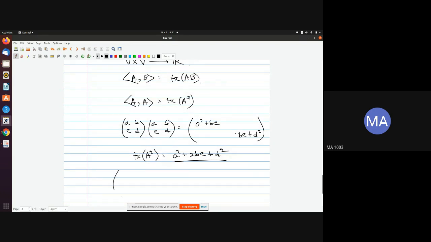So if I take this matrix, considering these two as 0, 0, and B as -1, and this as +1, let's say. This is my A. What is my A square?